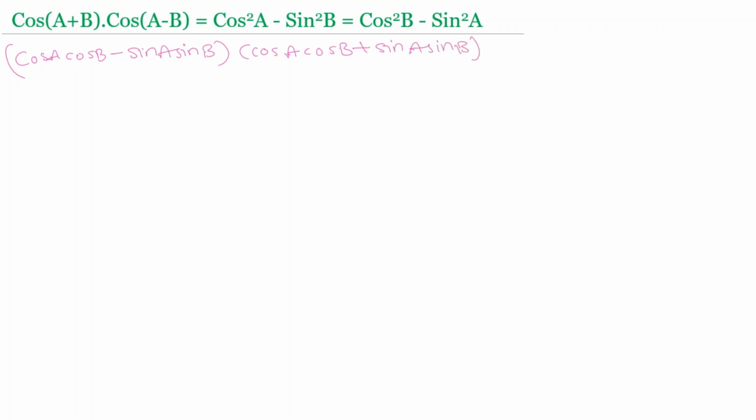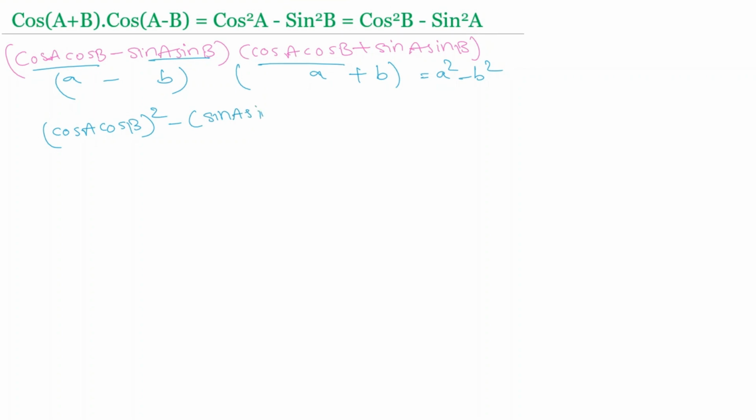In this formula also, we see cos A cos B here, cos A cos B here, then minus sin A sin B, is like b, and then we have plus sin A sin B again, which can be written as a square minus b square. A is nothing but cos A cos B whole square, minus b is sin A sin B whole square. This can be written as cos square A cos square B minus sin square A sin square B.